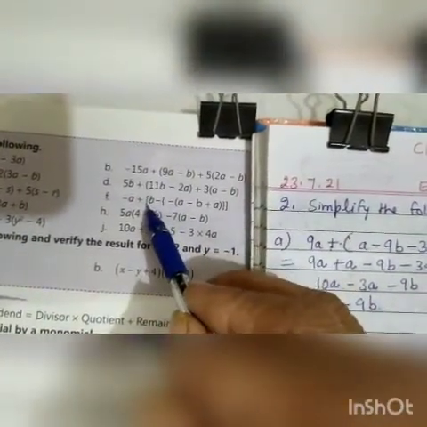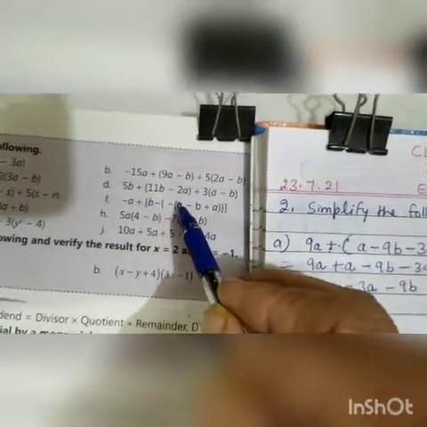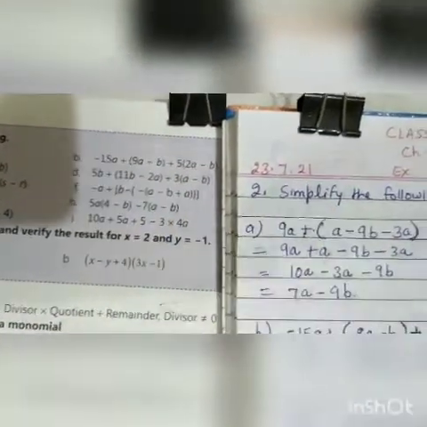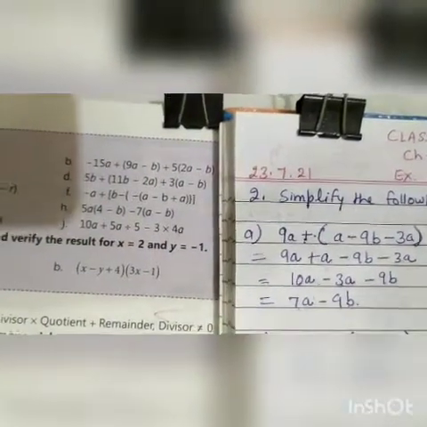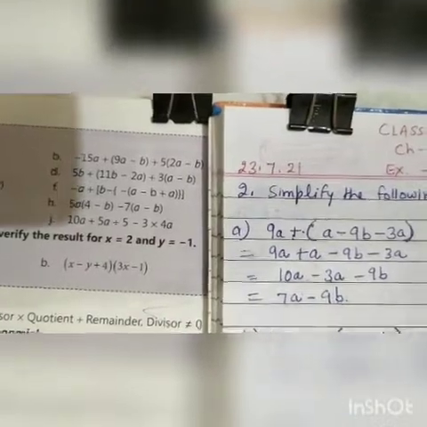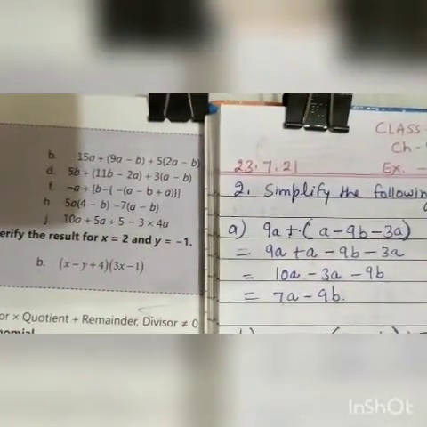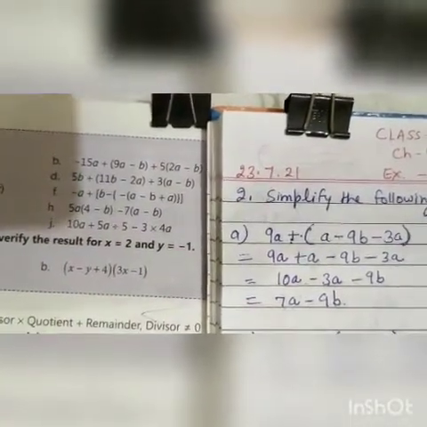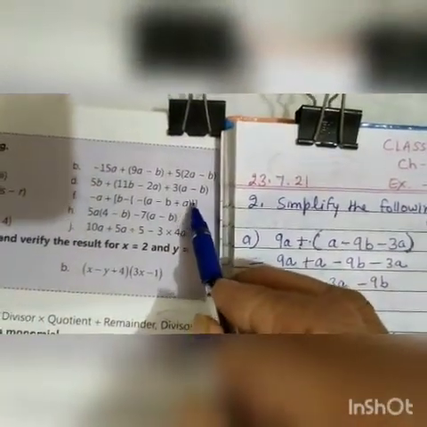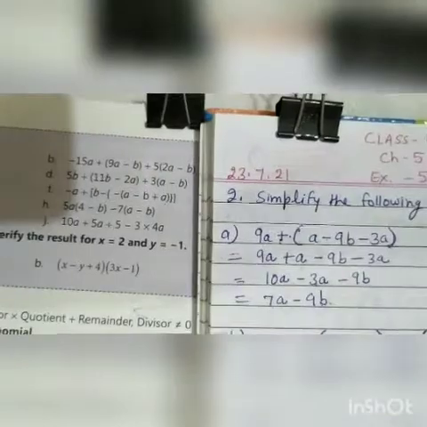This is rectangle bracket, this is flower bracket, and this is round bracket. So b minus flower bracket, then minus round bracket, a minus b plus a, then close the first round bracket, then flower bracket, then rectangle bracket.